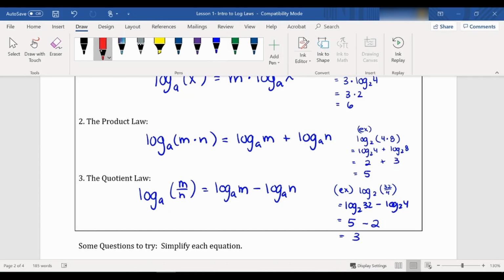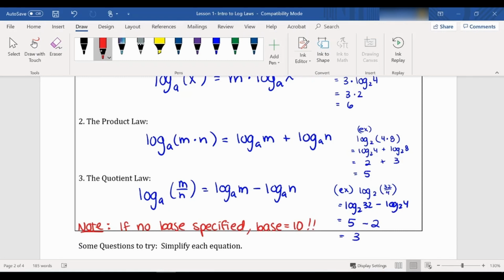So also just a little note in case you didn't remember from the first page, if you don't see a base, there's no base specified. The base is 10. So on your calculator, you actually have a log button. That log button will default to a base of 10.